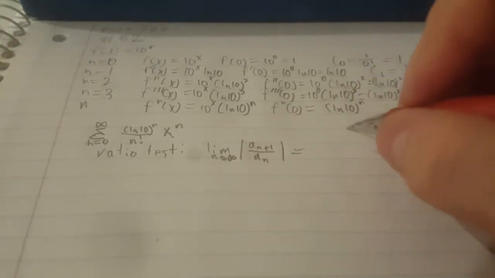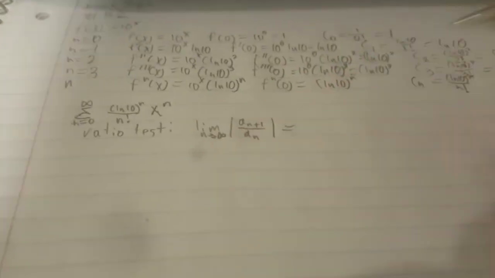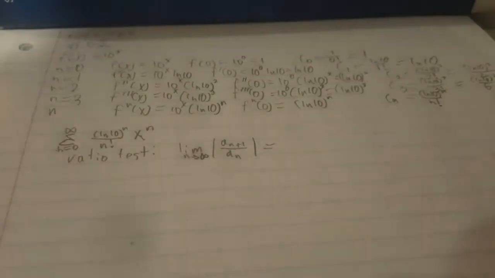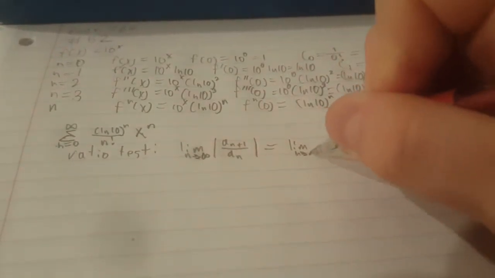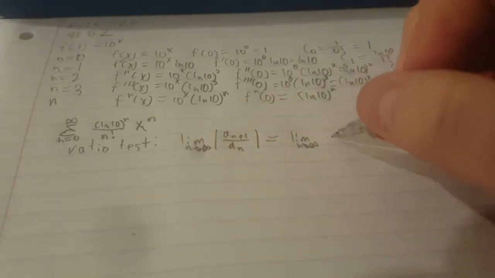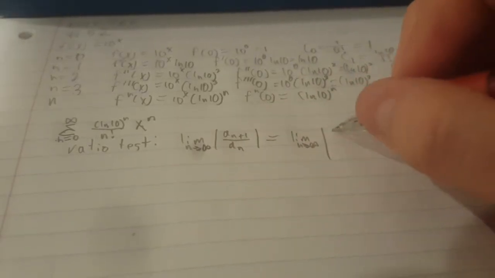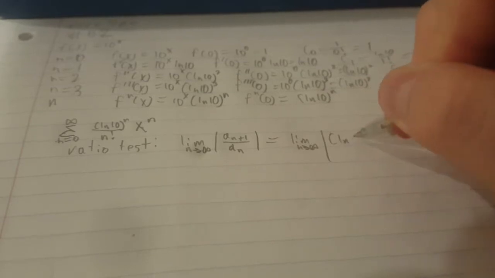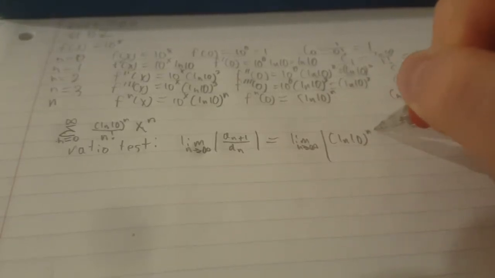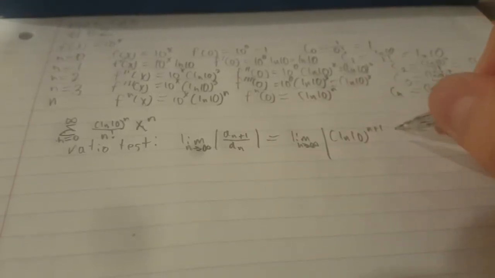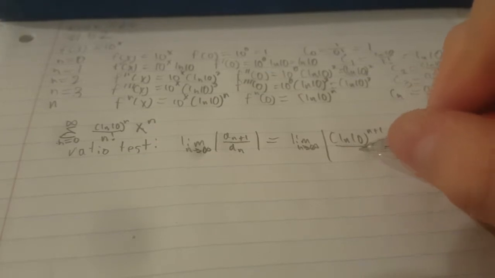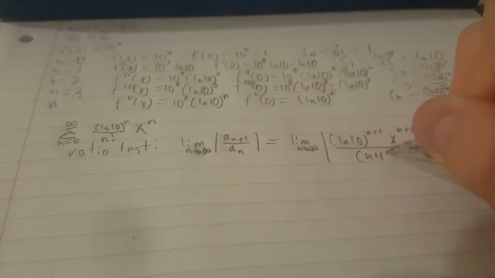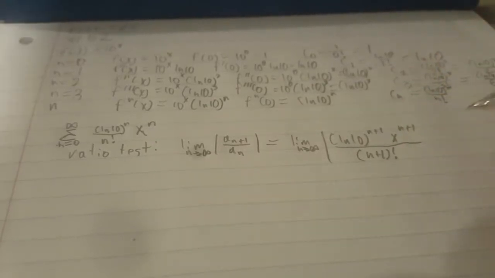So this equals the limit as n approaches infinity of the absolute value of ln 10 to the n plus 1 multiplied by x to the n plus 1 all over n plus 1 factorial.